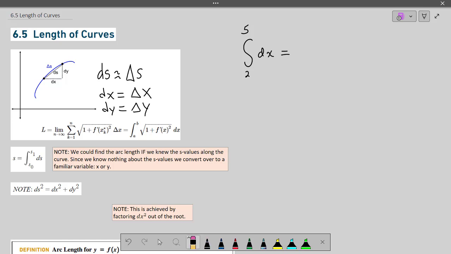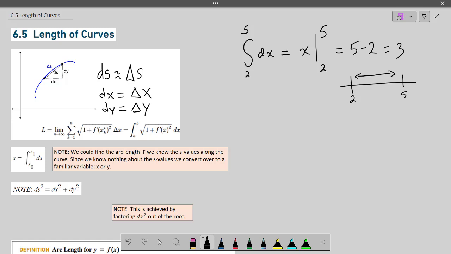If we were to do the math here, the integral of dx is the integral of 1 dx. You integrate that, you get x from 2 to 5, which is 5 minus 2, so you get 3. Anytime you integrate a differential, you just get the upper limit of integration minus the lower limit of integration. That's like being on the x-axis, with 5 and 2, and you're just trying to find that distance.